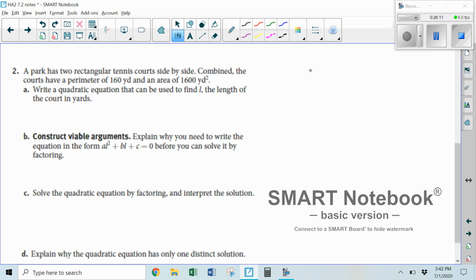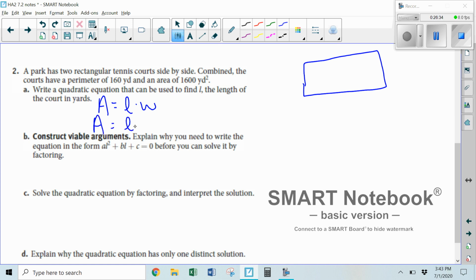So remember, we have a rectangle. We know the area is 1600. So first of all, think about this. Area equals length times width. It's a rectangle. But we don't want 2 different variables. So we're going to figure out how to write W in terms of L.